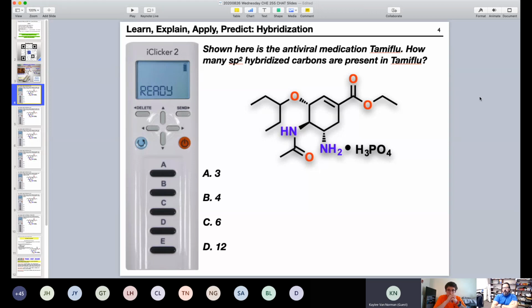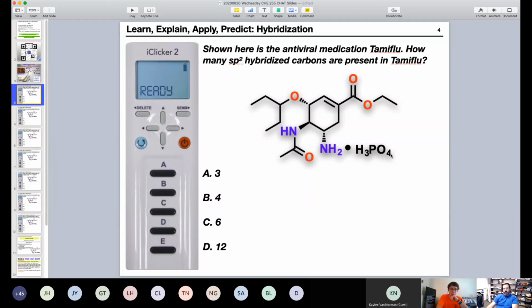So if we remember that an sp2 hybridized carbon, visually, what are you looking for? You're looking for 3 sigma bonds and 1 pi bond. That combination of bonds gets you your 4 bonds to carbon.